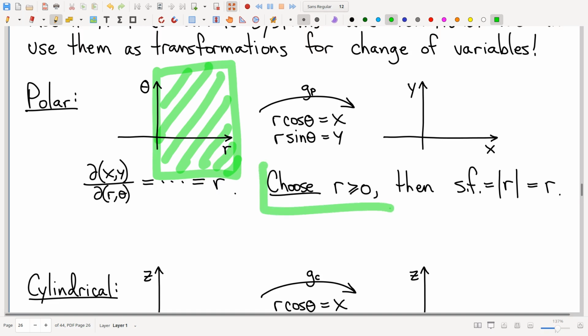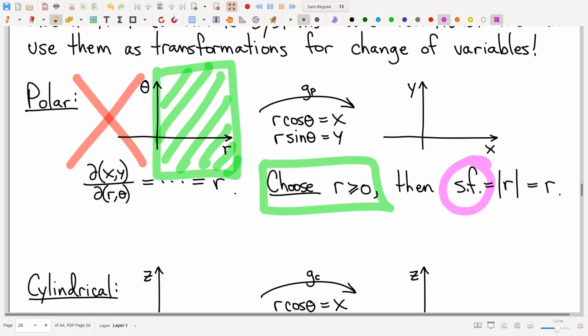Notice this is a choice. We don't have to do this. There is no law that says we must do this. This is just a choice, right? But if we make this choice, if we choose never to pick negative values of r, then, well, now, very conveniently, if r is known to be positive or non-negative, then now my stretching factor, I no longer need to bother with absolute values, and that's a huge win.